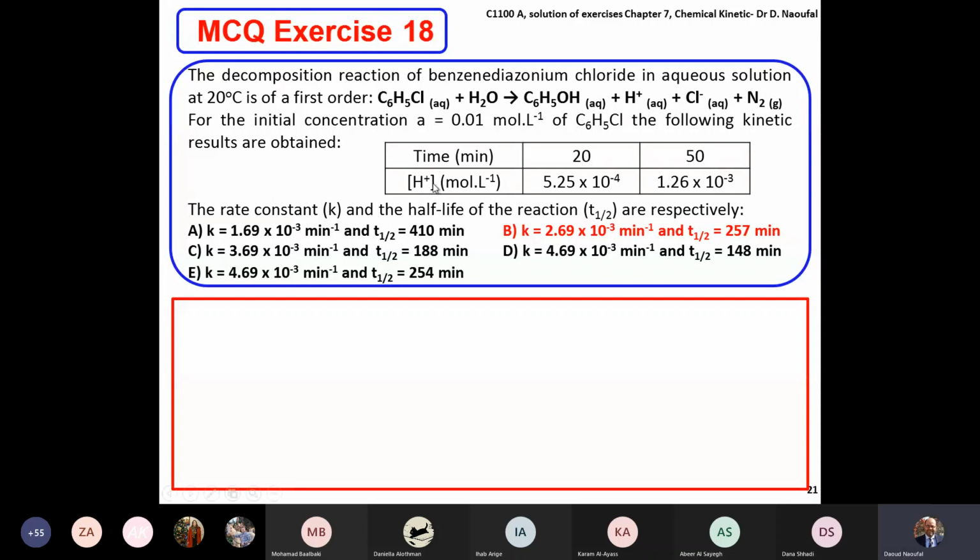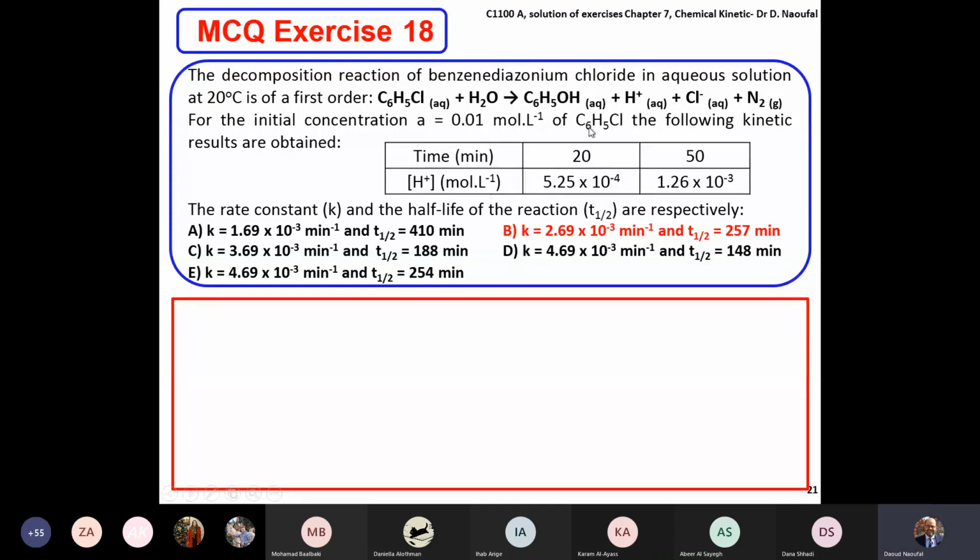But in this problem, the concentrations of the products are given per time. So we can study the rate of formation of H+. If we want to write the rate law expression, it depends on C6H5Cl and H2O and not on the product.